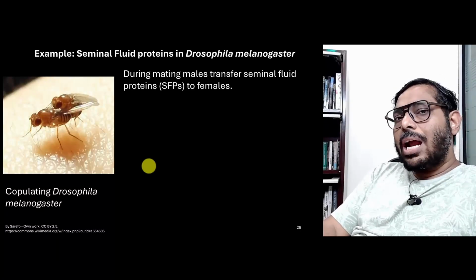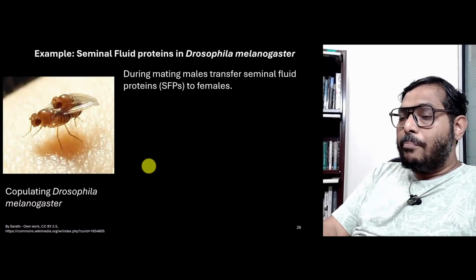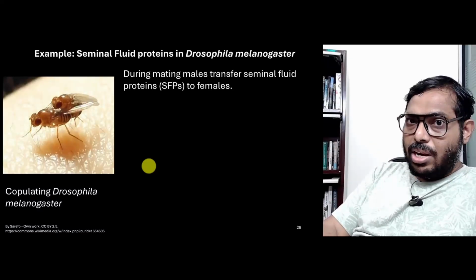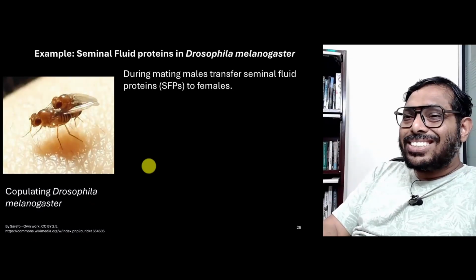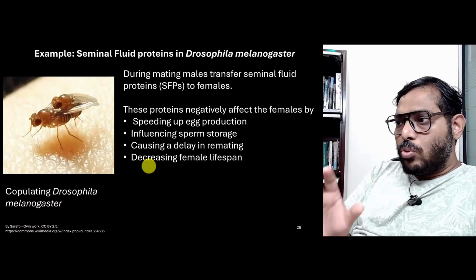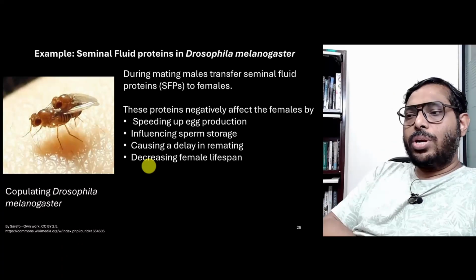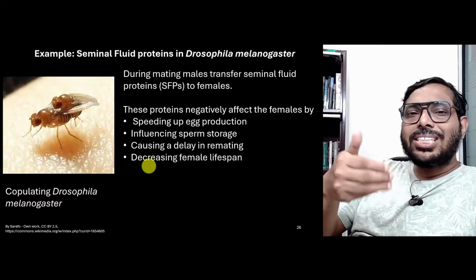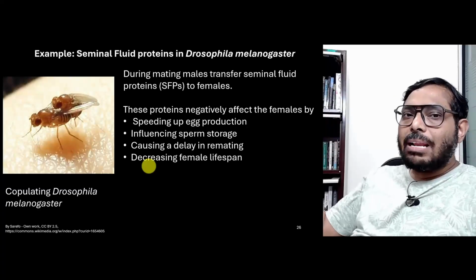Now, it turns out that these SFPs play a major role in modulating the behavior of the female in a way which is not necessarily good for the female. So, these proteins actually end up speeding up the egg production rate of the females. Now, how does this help the male?